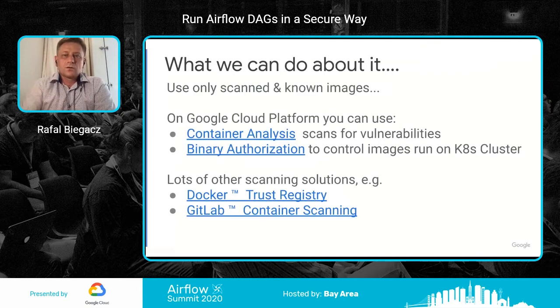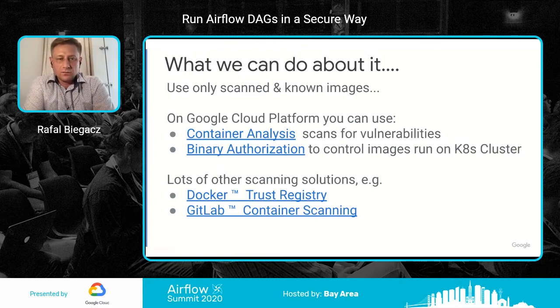So what can we do about it? Generally, the practice should be that only scanned and known images should be used in your Airflow setup. And there are a lot of services and products that deliver the functionality of scanning for vulnerabilities. For example, Docker delivers Trust Registry, GitLab delivers container scanning service.